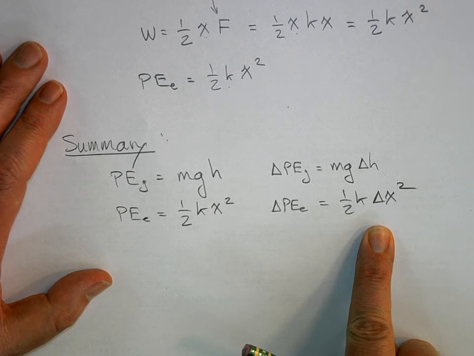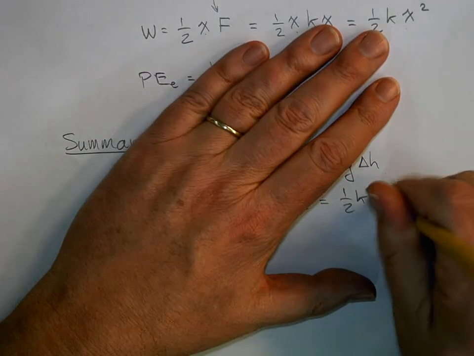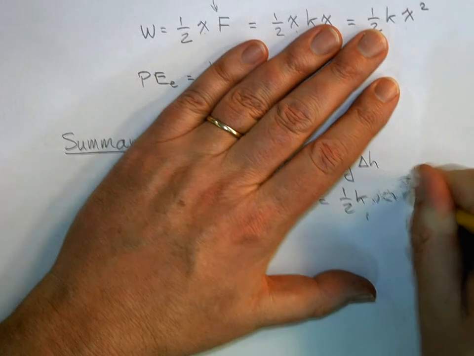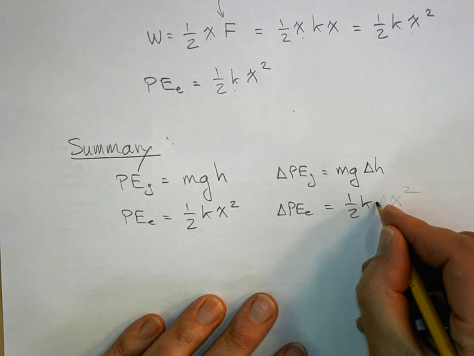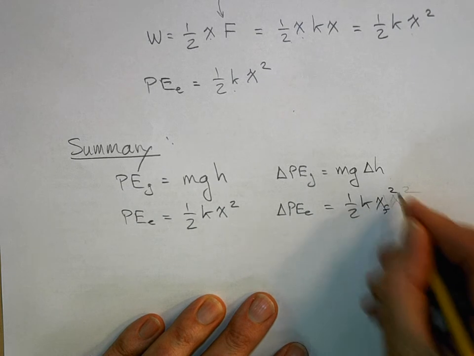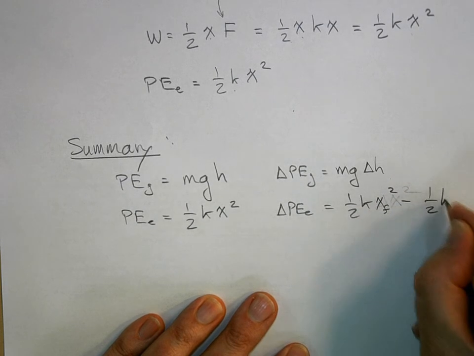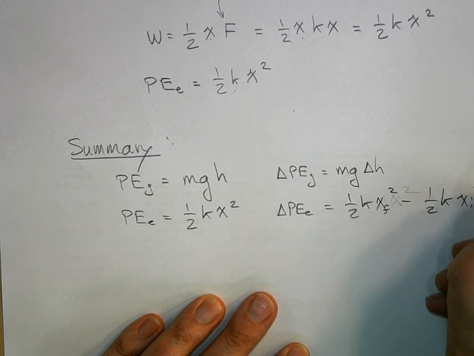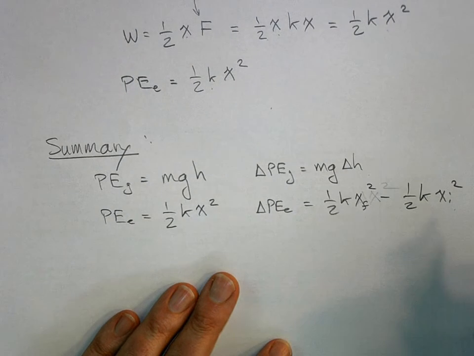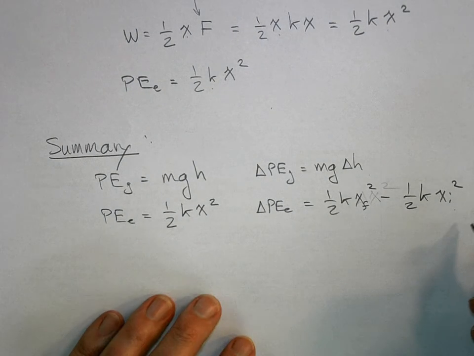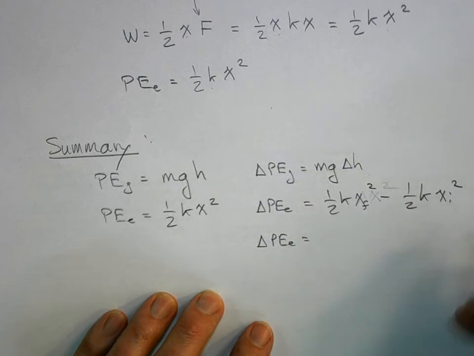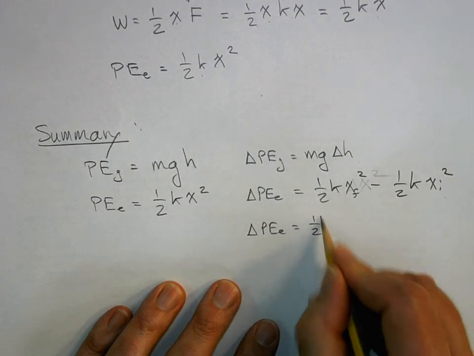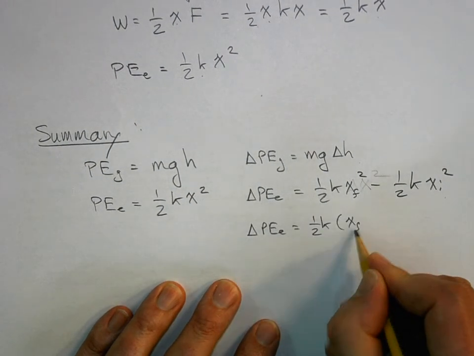All right, so what you have to do is say, okay, this is the final position squared minus 1/2 k, the initial position squared. So to figure out the change in potential energy, you'll have to do this: 1/2 k, it's x final squared minus x initial squared.